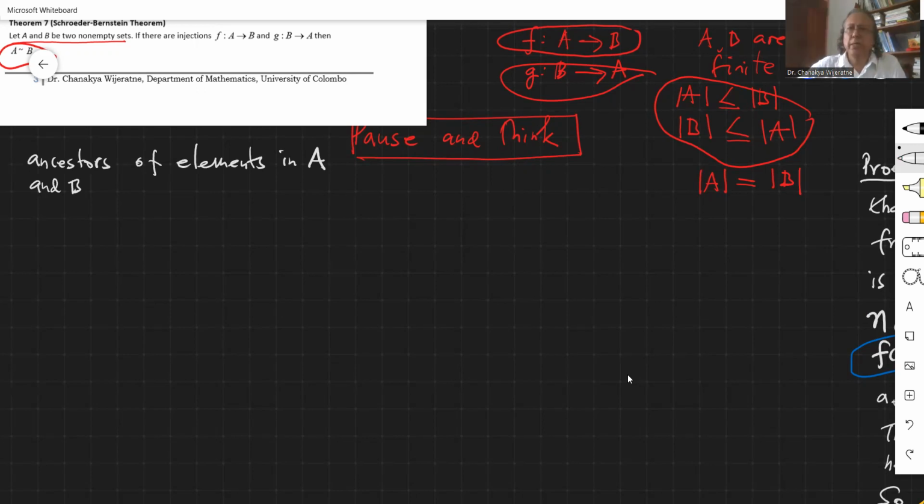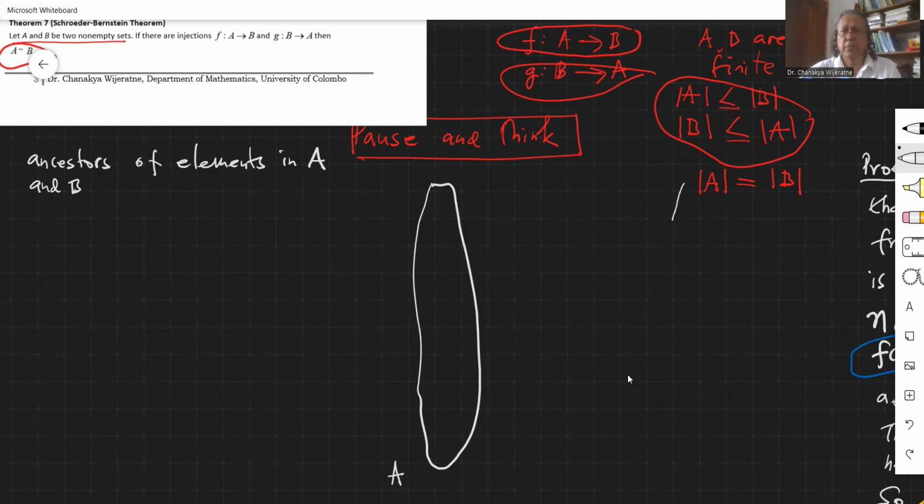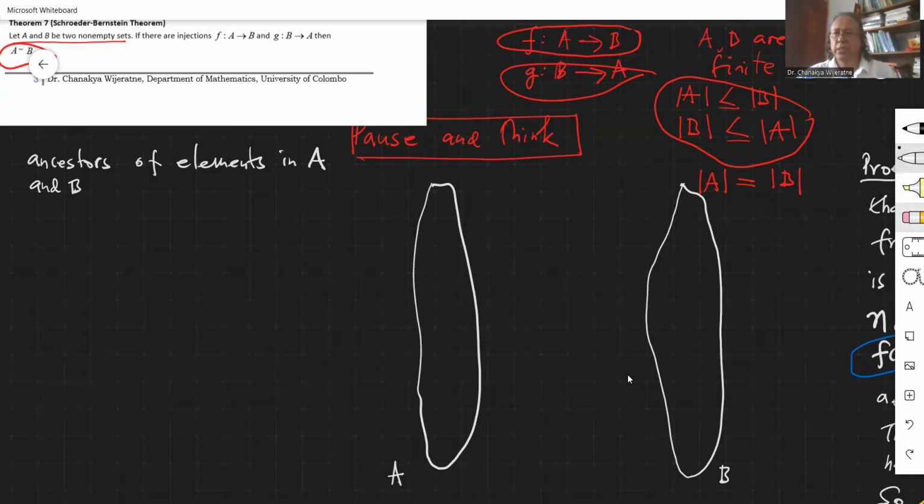Okay, now his idea. So let's say that I'm going to depict the set A this way, and then a long oval-shaped B, although it doesn't look like an oval. Let me change the letters. Anyway, it doesn't matter, right?